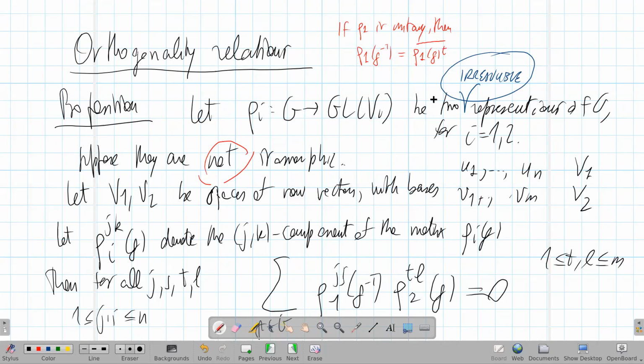Because that's the adjoint with respect to a standard basis, with respect to this basis.